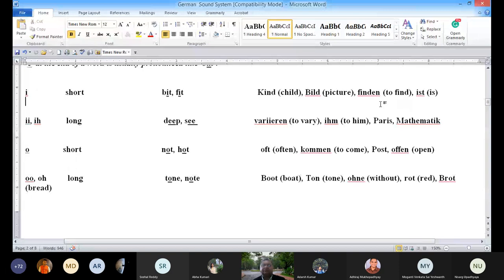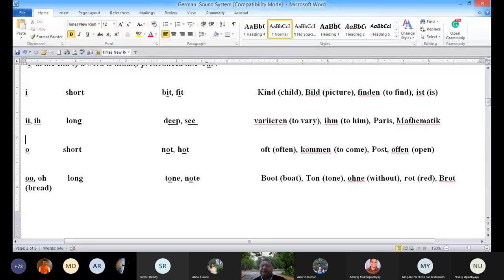I-S-T, ist. All these are examples of I. We also have examples of double I and IH, as you can see here. V-A-R-I-E-R-E-N. It will be pronounced varieren, to vary. IHM, H is silent here, but I will be long, like deep. So it will be eem, IHM, to him. Paris, this is the name of a city. And here I'll pronounce this one, mathematik.